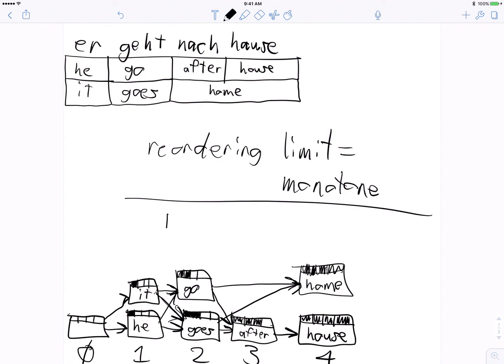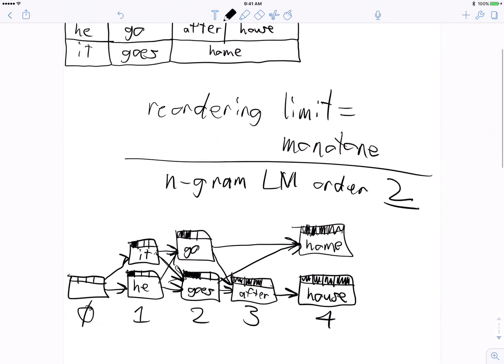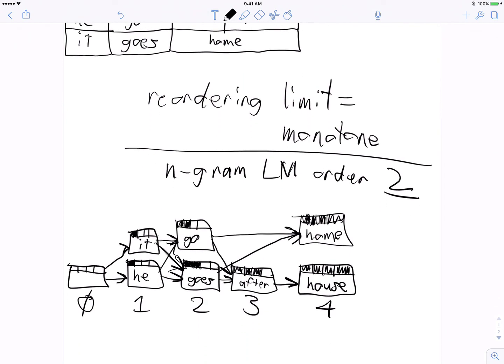And we also have to specify an n-gram language model order here of 2.